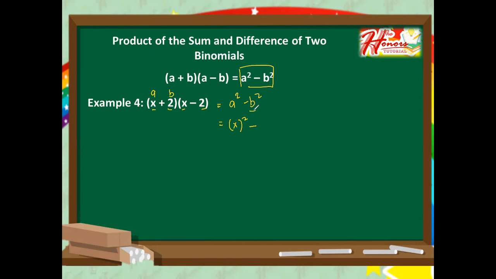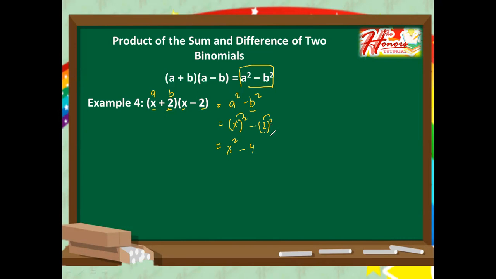So for b, the value of b is positive 2, so that is 2 raised to 2. And remember, for us to raise x to 2, we have to multiply their exponents. So we have 1 and 2, so 1 times 2, that's 2. So that is x squared minus 2 raised to 2, so that is 4. It is not that we multiply 2 and 2 directly.